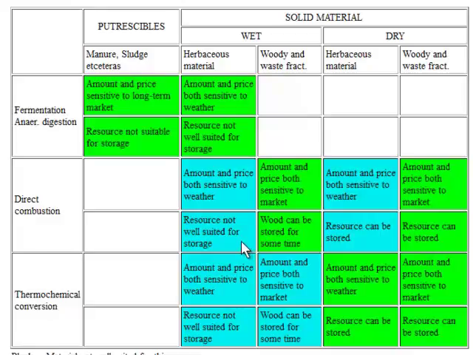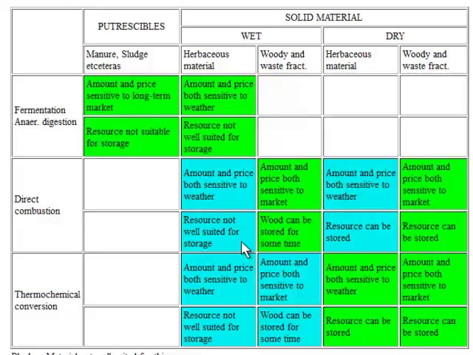For herbaceous material, the storage properties are worse. Herbaceous material has less lignin, it has a higher content of proteins and fats and lipids which are easily digestible. So herbaceous material will deteriorate at a higher rate than wood.